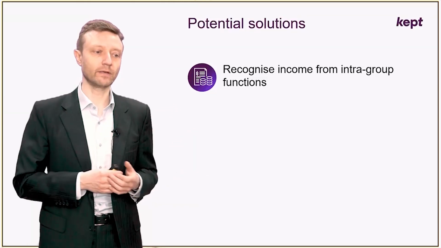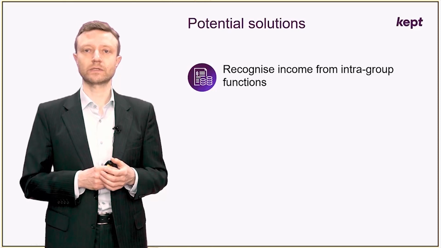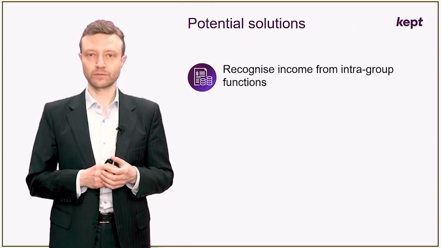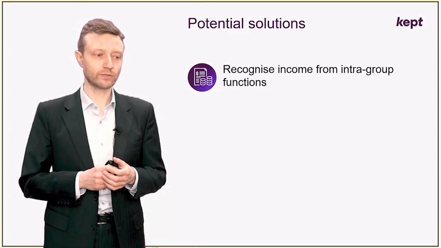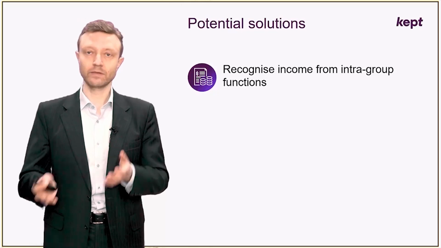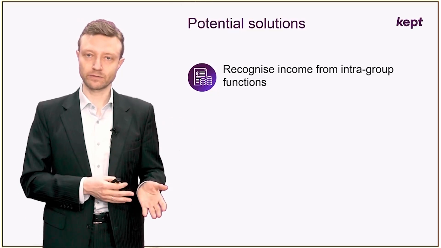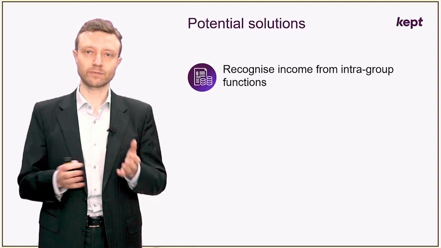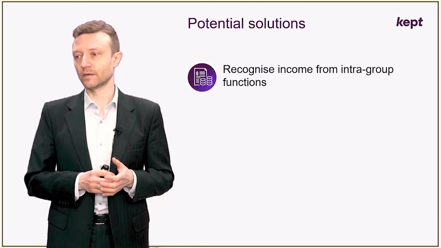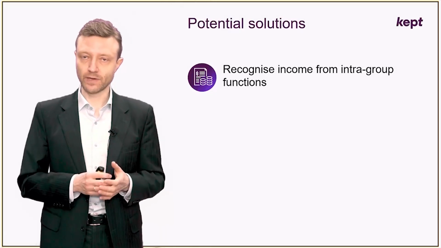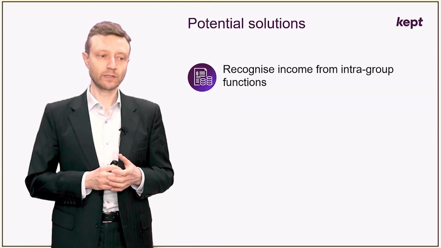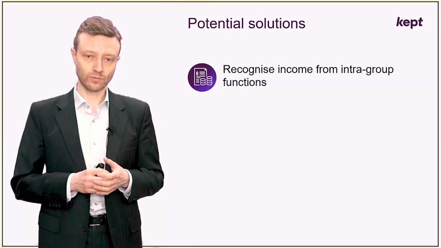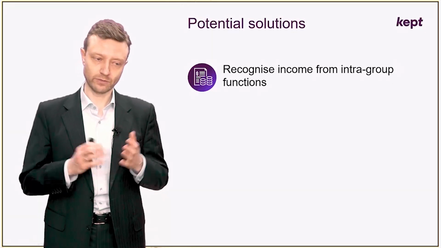So if company 2 in the previous example charged 500 to the profitable company, then it would have recognized 500 as an expense, and as a result, its profits would be 500 instead of 1,000, and the tax rate would be 20%, which is normal, which is more appropriate, which is more efficient.